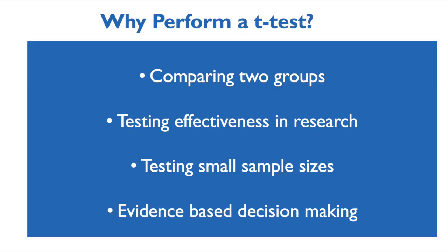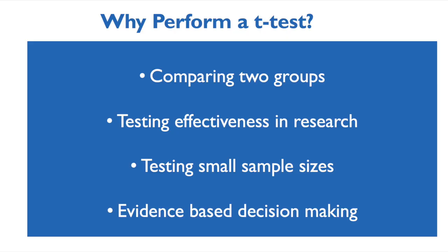The next reason is to test small sample sizes. T-tests are really useful when the sample sizes are smaller. I believe it's typically under 35 in a sample size that you would want to use a t-test. For larger sample sizes, there are other test options.